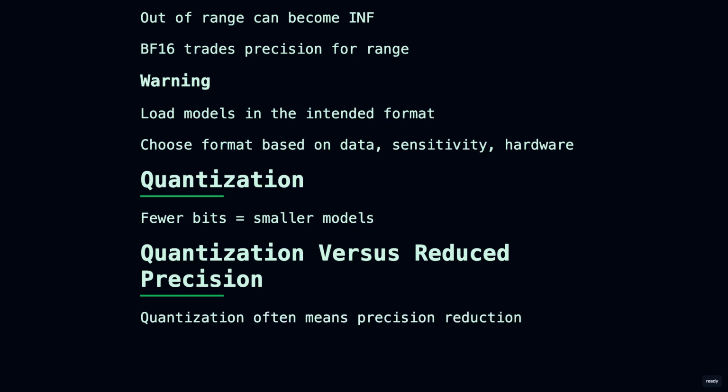Strictly speaking, quantization means mapping values into integers. But in practice, people use the word more broadly to include many kinds of precision reduction. I'll follow that broader usage here, because that matches how the literature usually talks about it.